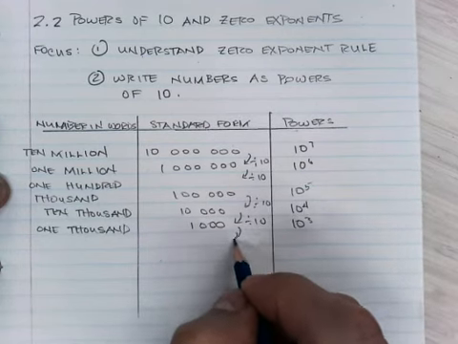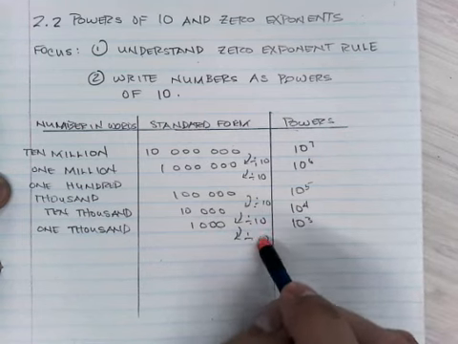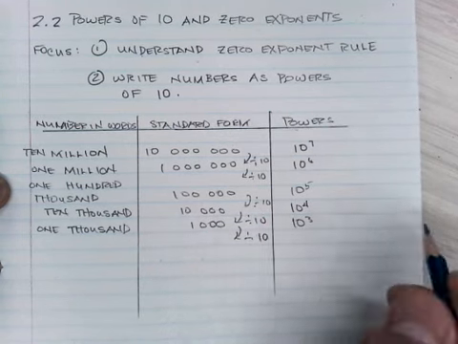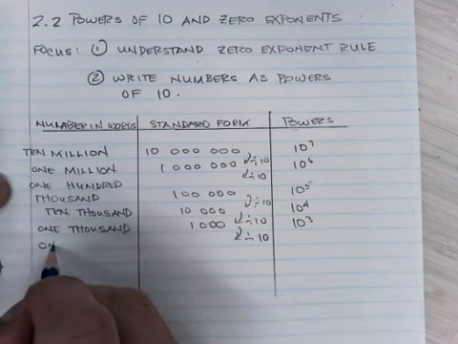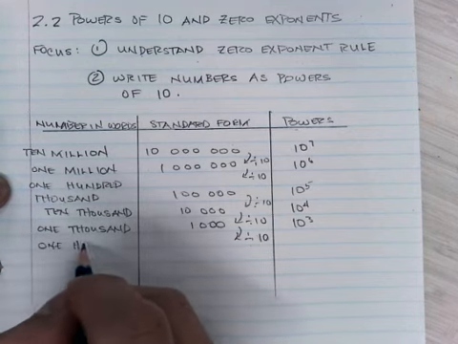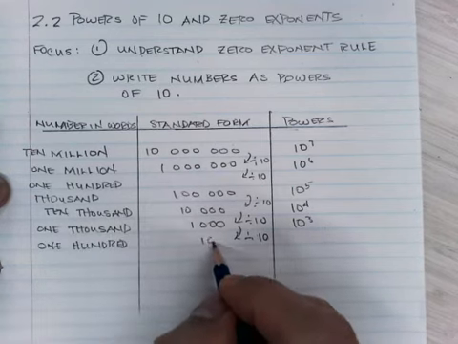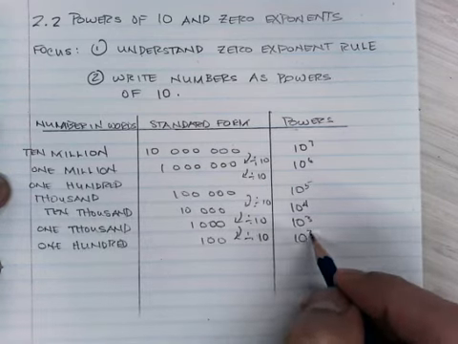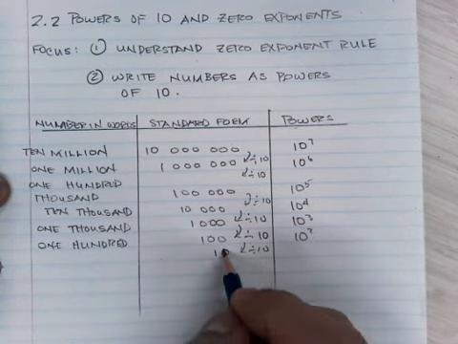Okay, I'm going to divide it by 10 again. Oops, not 40. I'm going to divide it by 10. Divide this by 10 again, and our next number will be 100. There we are. 10 to the 2. Divided by 10 again. And this is going to be 10.